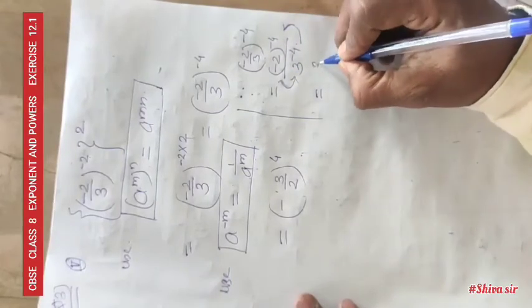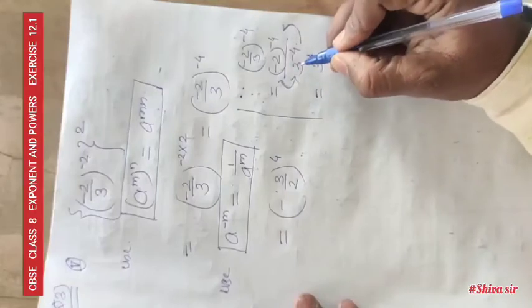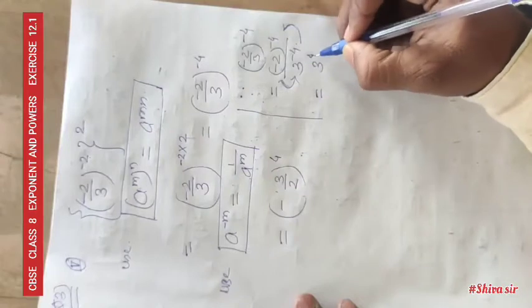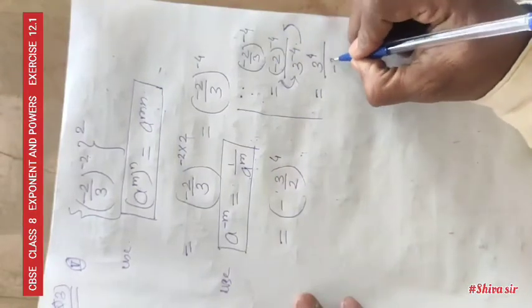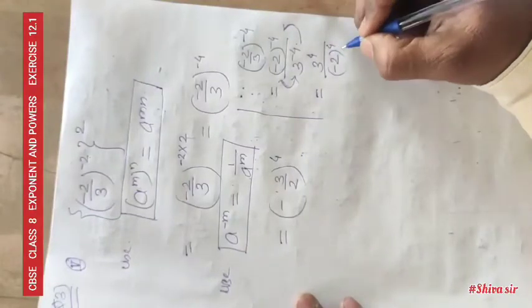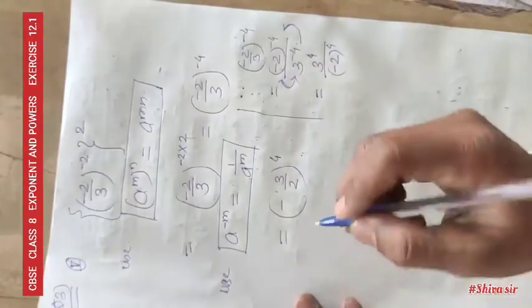So here 3 raised to the power 4, these 3 present in the denominator are written in the numerator, and their negative exponent is converted into positive. Similarly, when the numerator is transferred into the denominator, its negative exponent also becomes positive. So 3 upon minus 2 raised to the power 4. This is our step.